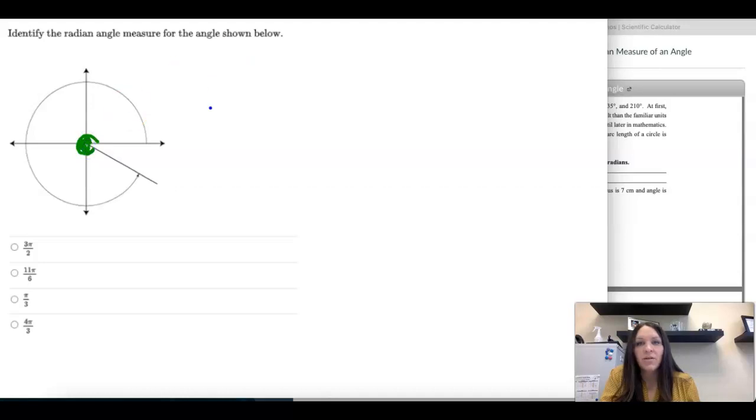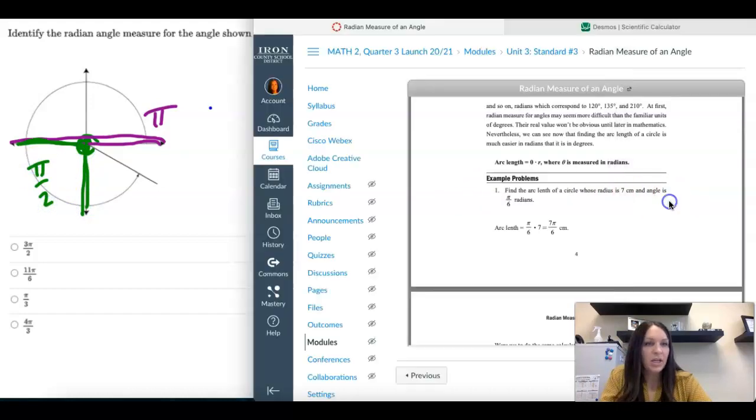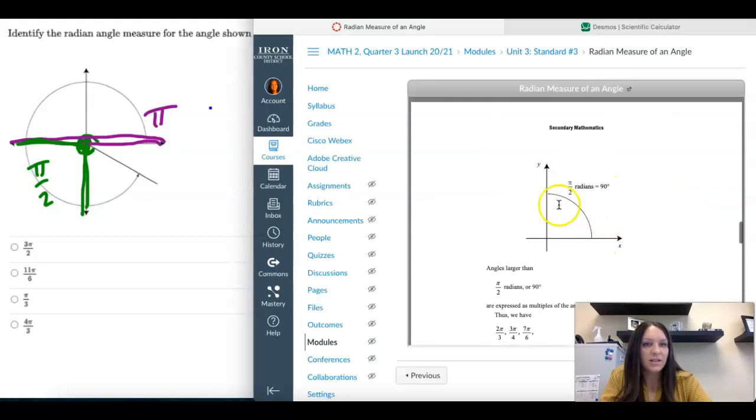I know that half right here is pi, and then I know that this quarter is pi halves. And I'm getting that from this: a 90 degree angle is pi halves, a 180 degree angle is pi. And we're looking at this leftover angle.